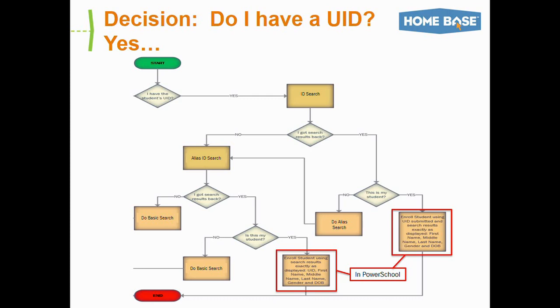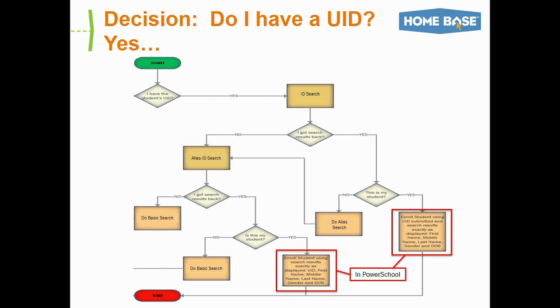If you see the student you're looking for and you're trying to enroll that student in PowerSchool, you would then go back to the PowerSchool enrollment screen using the ID submitted and the search results found in UID and enter them exactly into the PowerSchool fields for first name, middle name, last name, gender, and date of birth to make sure you're triggering the exact match inside of UID.